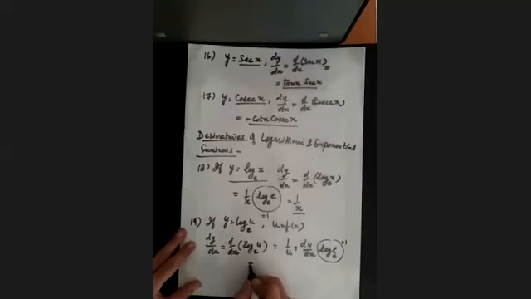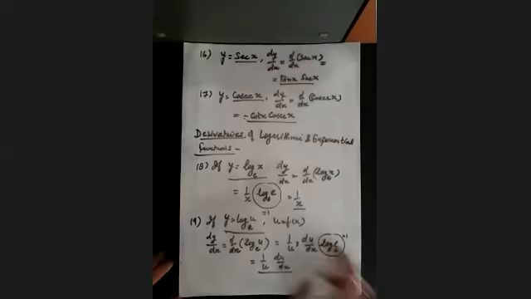So what we are left with is 1 upon u du by dx. So differentiation of log u whose base is e is given by 1 upon u, and differentiation of this u with respect to x, because u depends upon x. So these two formulae we have to remember where the function is a logarithmic function.